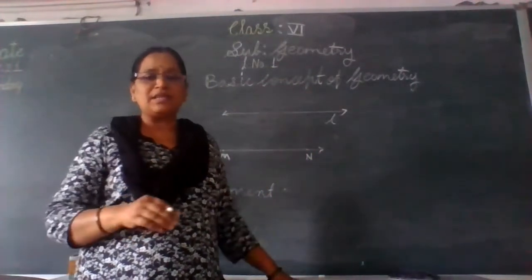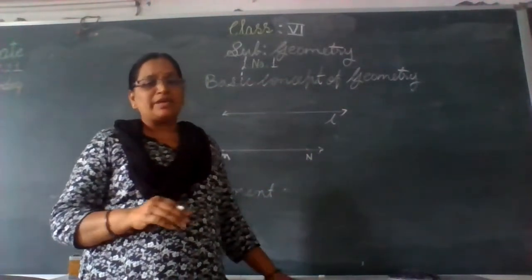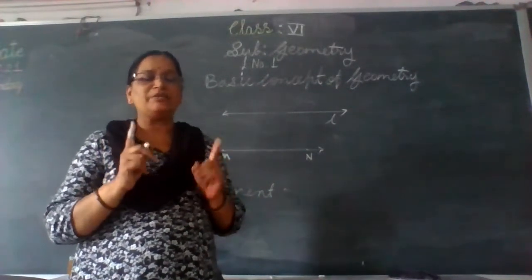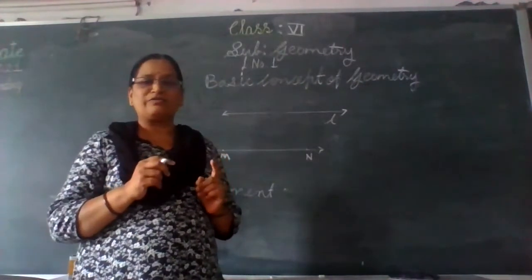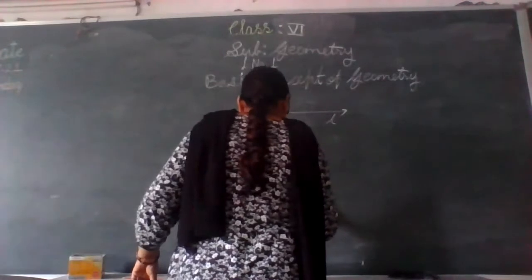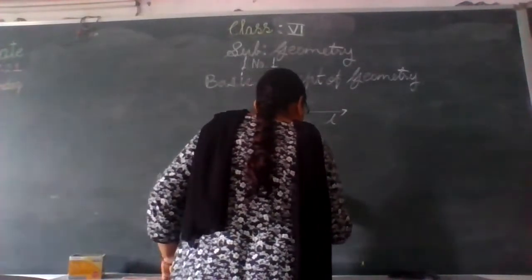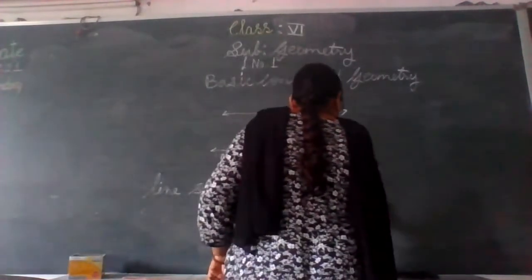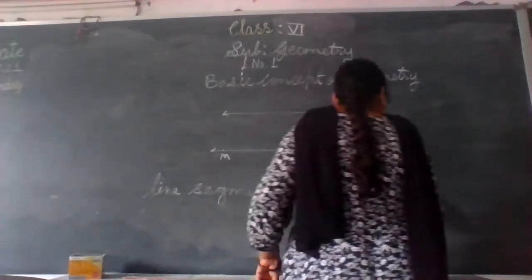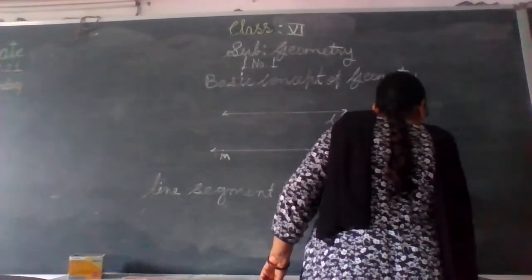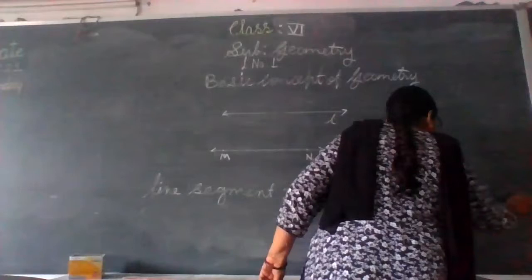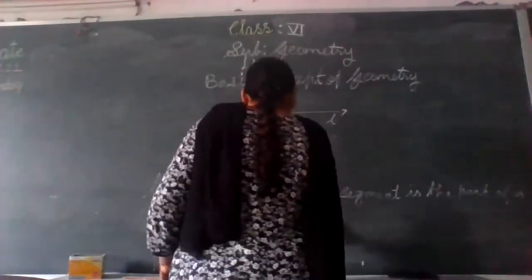So we can't measure the length of the line, but we can measure the length of the line segment. Why? Because it has 2 end points. It is the part of the line. Line segment is the part of a line.